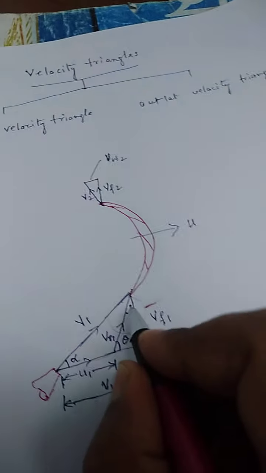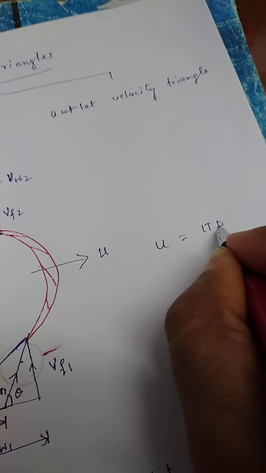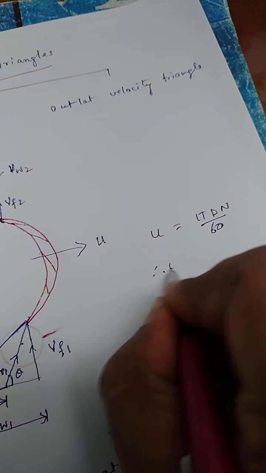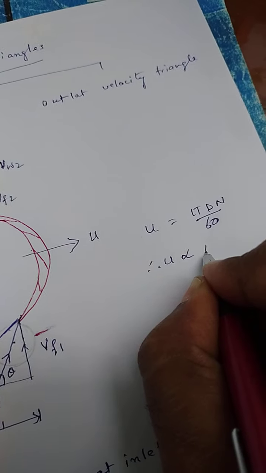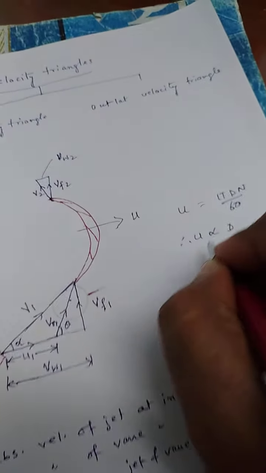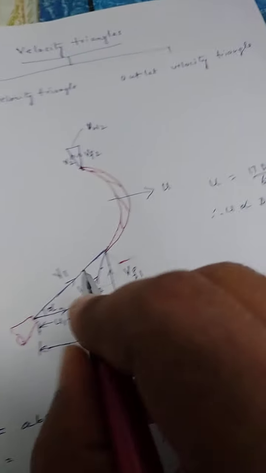Now we know that U is equal to pi d n by 60. Therefore U is proportional to d, as pi, n and 60 are constant here. So if d increases, then U will increase.